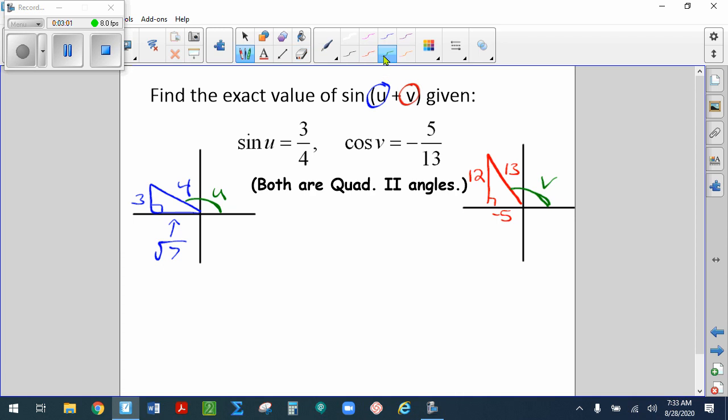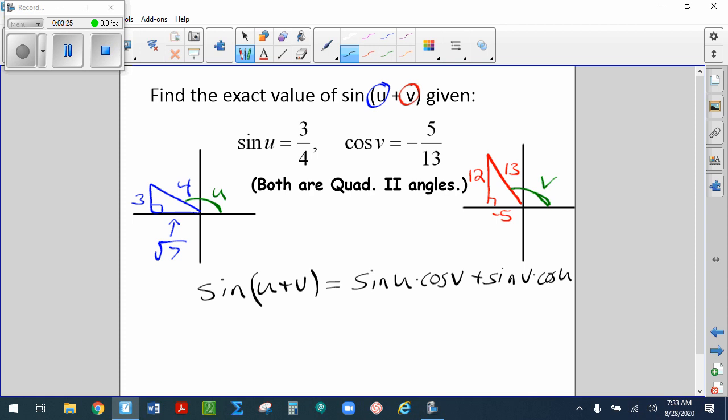Now the reason that I finished the triangles and found the third side is because in order to do sine of u plus v, I need sine of u and sine of v, and I need cosine of u and cosine of v, because I'm going to have sine of u times cosine of v plus sine of v times cosine of u.